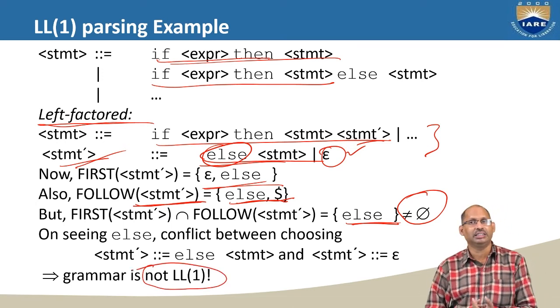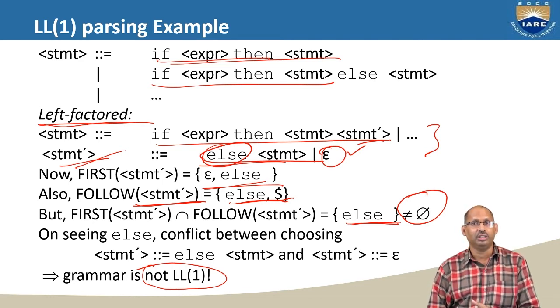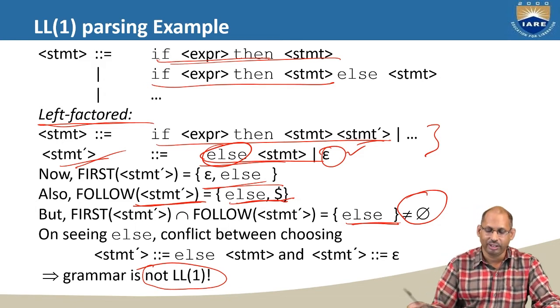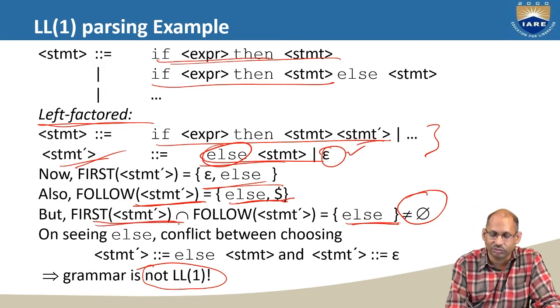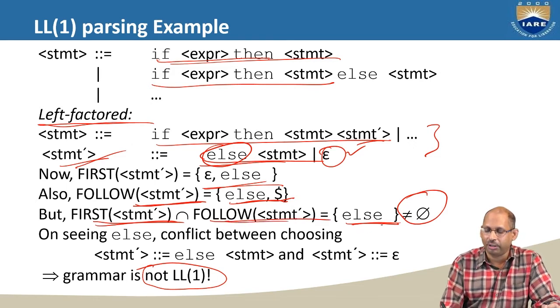Since one production is epsilon, the intersection of the first of the other production with the follow of the variable should be phi, but what we have is not phi. So simply we say it is not LL1.